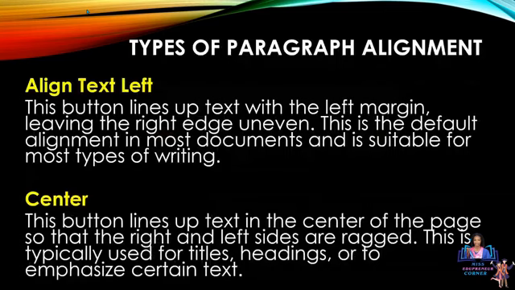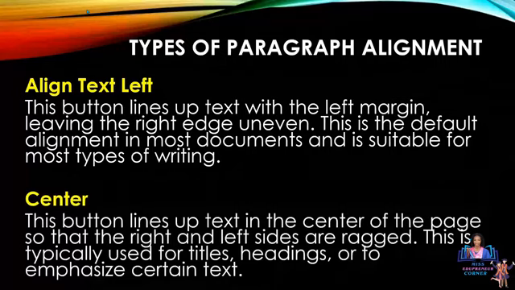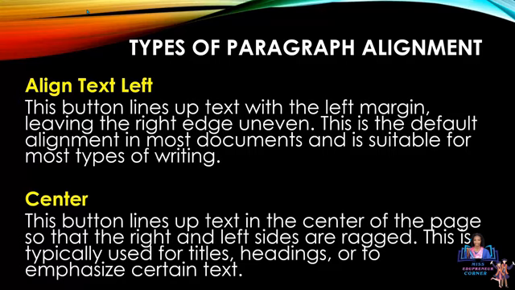So let's get into more detail as it pertains to the paragraph alignments. Align text left, or align left. This button lines up text with the left margin, leaving the right edge uneven.